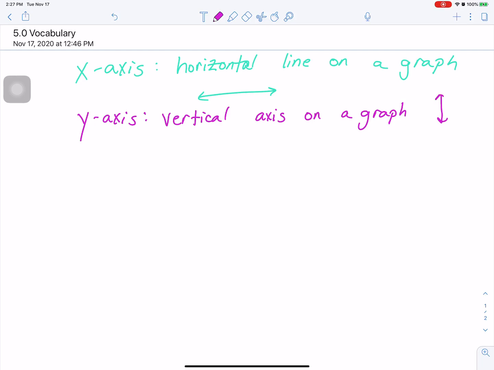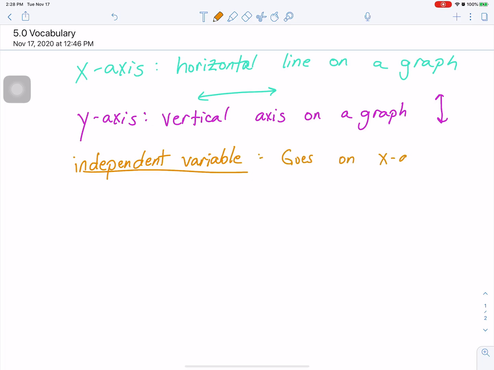And then the next two you probably should have had in science. Independent variable. So independent variable goes on the x-axis. And it's the one we have the most control of.